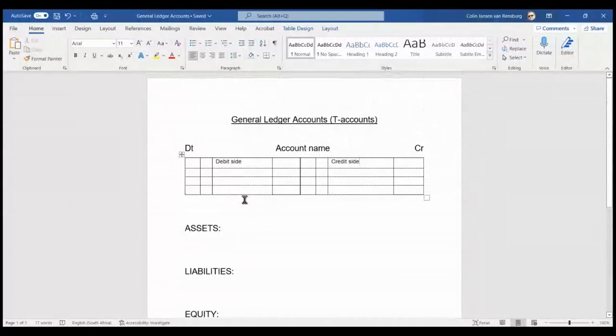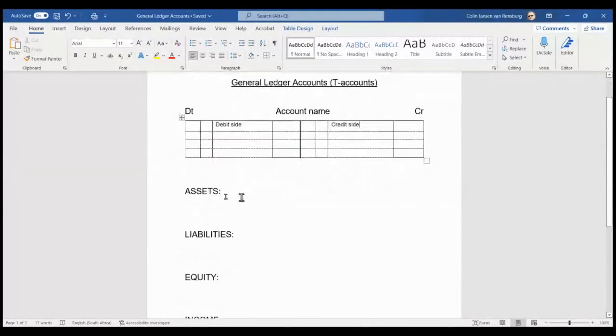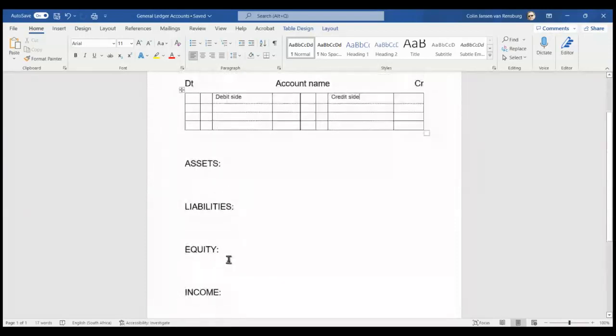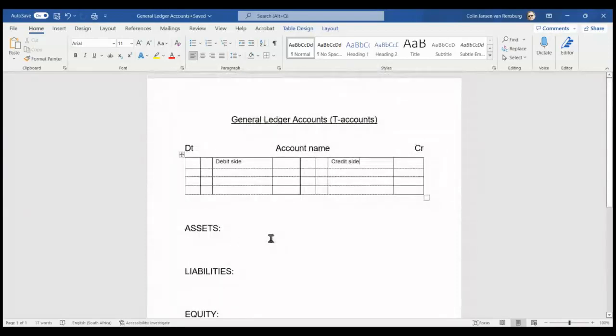You remember when we discussed the conceptual framework, we said the 5 elements that are defined within the conceptual framework are assets, liabilities, equity, income, and expenses. So, what is the effect on those elements when we have an entry, ladies and gentlemen? That is the next thing that we've got to look at.